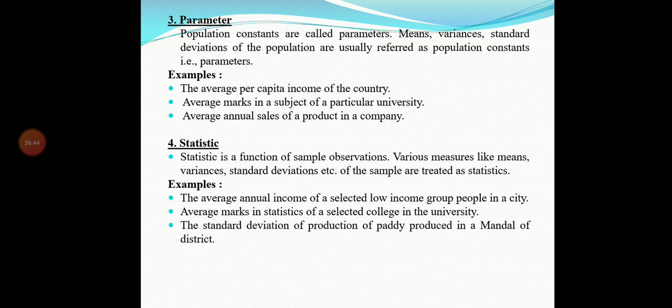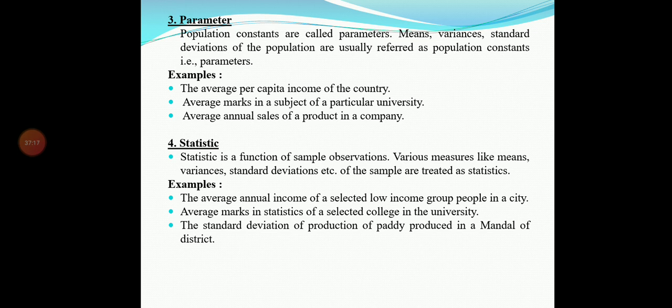When we consider a subgroup of the population, the measures related to the subgroup are nothing but statistics. The measures related to the population are to be considered as parameters, which are called constants.